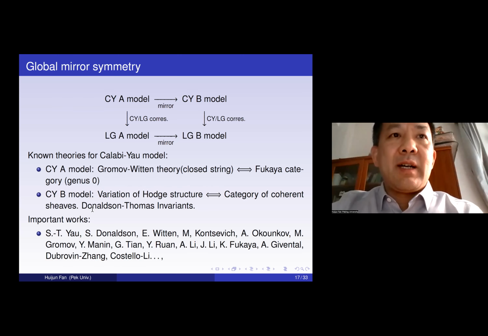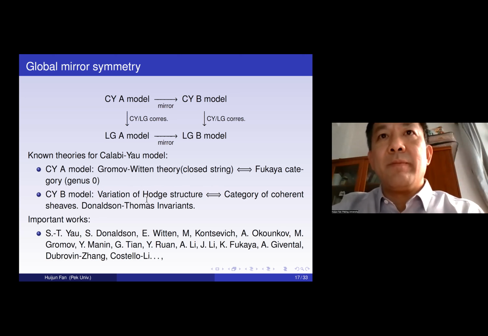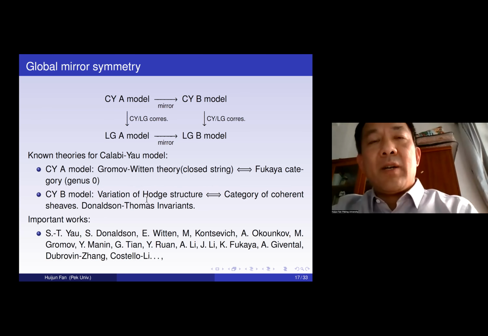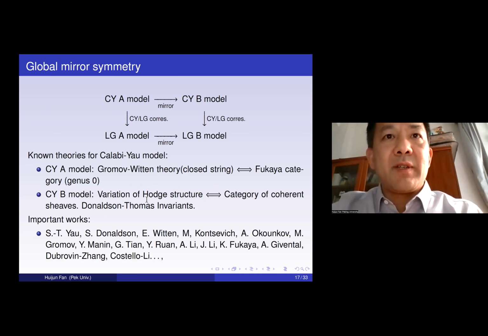And we consider the Calabi-Yau B model case. We consider the variation of Hodge structure. On this side, we can get the tt* geometric structure, which contains the genus 0 information. But the rigorous mathematical theory has not been built for this Calabi-Yau B model in terms of the deformation theory of complex structures.